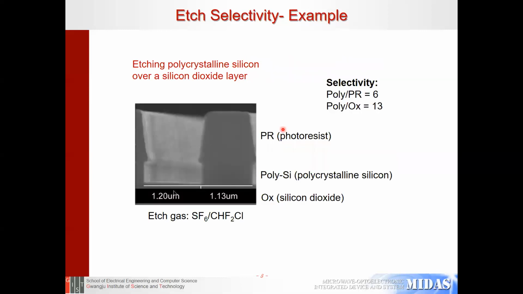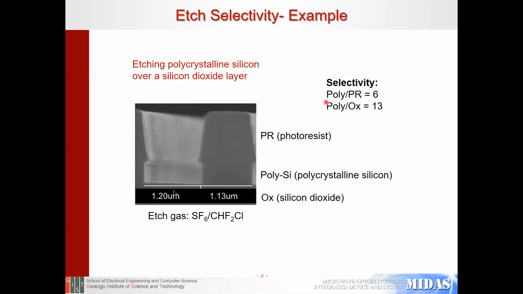So here is an example that I have shown. This is an example of etching of polysilicon over silicon dioxide. This is the near anisotropic etch case. Here the top layer is the photoresist, after that we have polysilicon, and after that we have silicon dioxide.